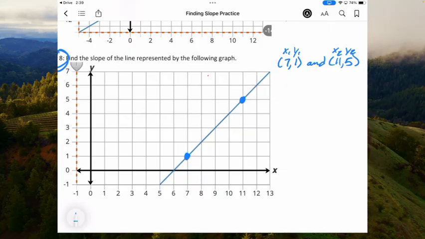Okay, y2 minus y1 over x2 minus x1. Throw our template down. y2 is 5, y1 is 1, x2 is 11, x1 is 7. 5 minus 1 is 6, 11 minus 7 is 4. That can be simplified by division by 2 to be 3 over 2. Our slope for this one would be 3 over 2.